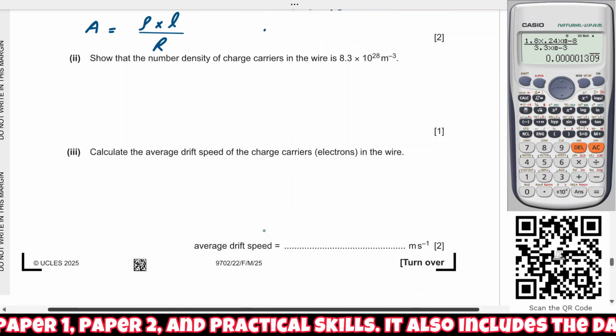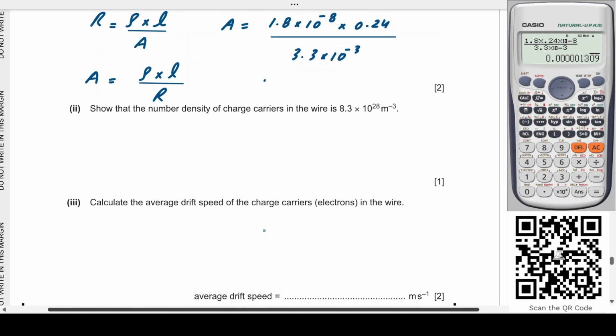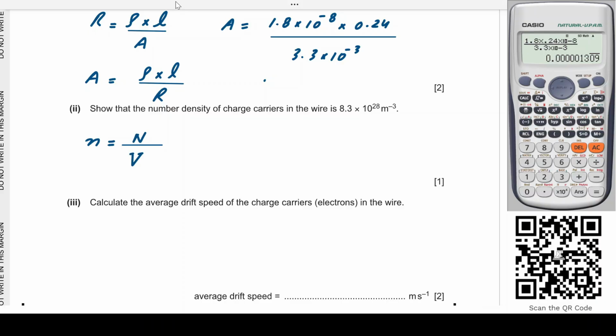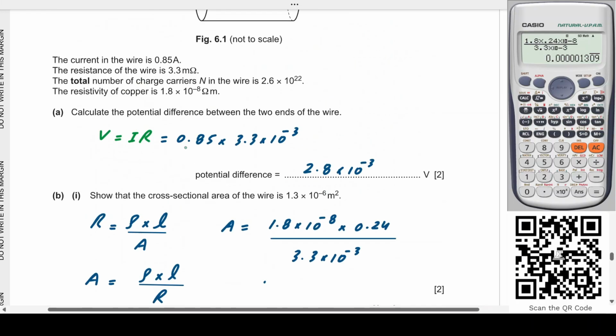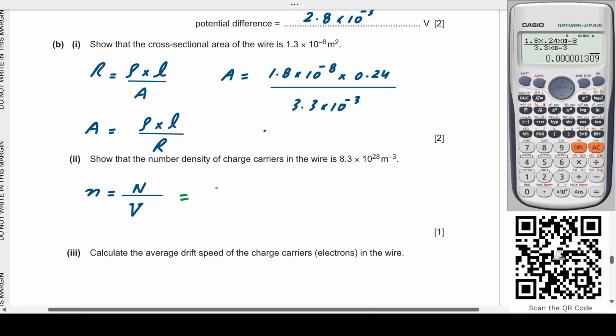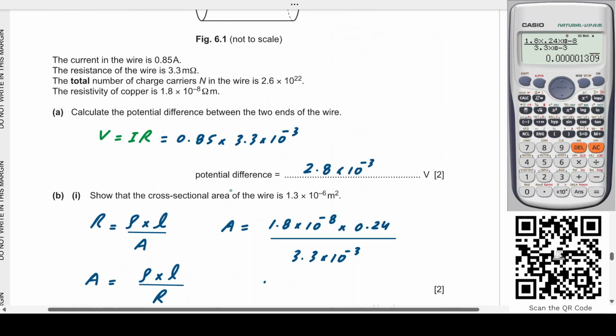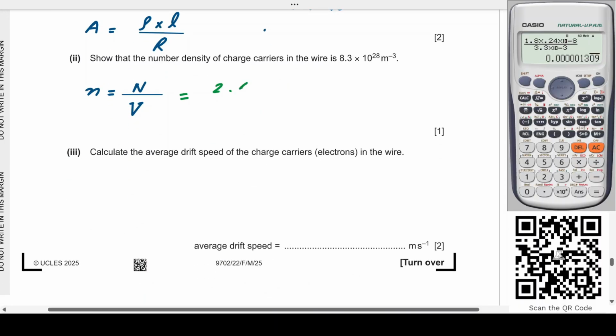Show that the number density of the charge carriers in the wire is this much. So number density is represented by small n. The formula is number of charge carriers per unit volume. This is the formula of number density of charge carriers. Do we have the number of charges? Yes, we do. 2.6 into 10 to the power 22.